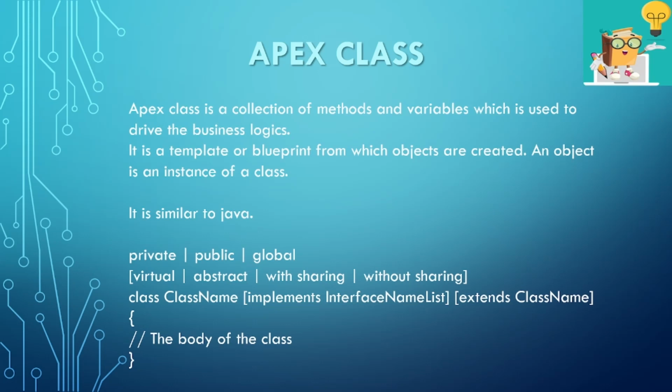Whatever class you are giving with a modifier as public can be called from anywhere in the DL sandbox or DL production instance with this namespace as DL within Salesforce. So it is not only restricted to the class, but it can be referred by any other class as well, or any other process which is in the same org.